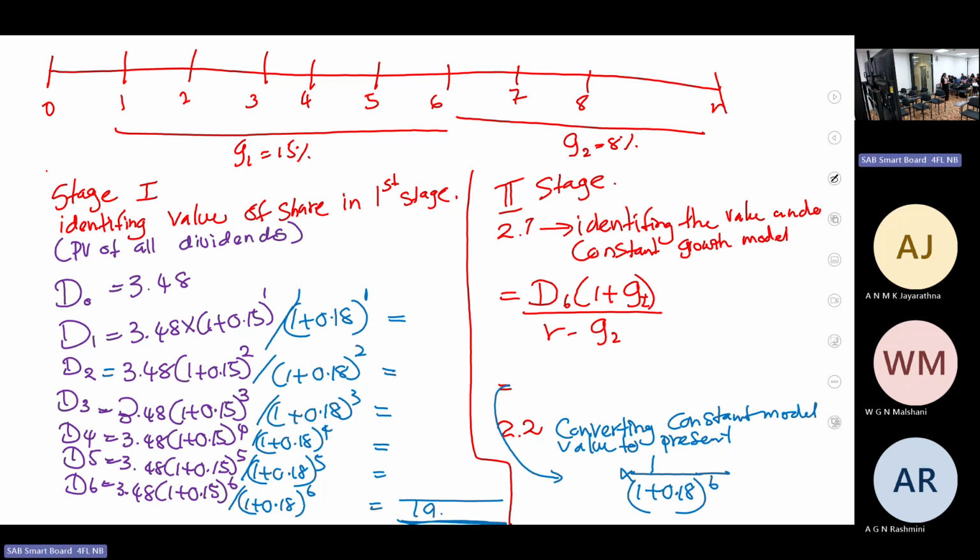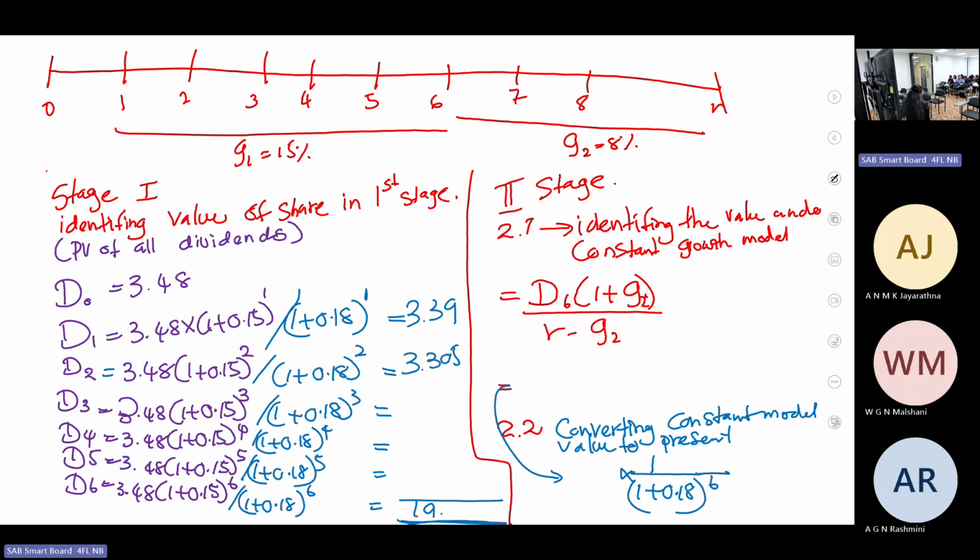Okay, tell me the answers first. D1's present value is 3.39. Second year 3.305.